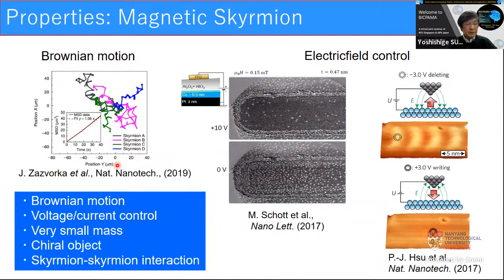Skyrmions can be controlled by electric current and voltage. These pictures show an example of the voltage creation and annihilation of the skyrmions. So we can annihilate and create skyrmions by voltage. Skyrmions have a very small mass.